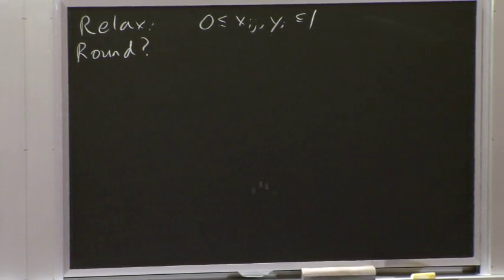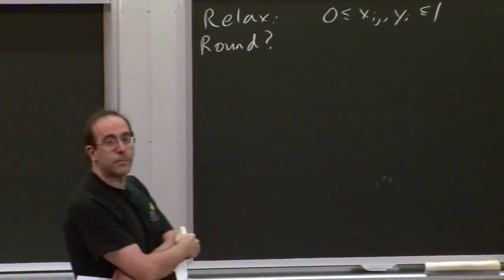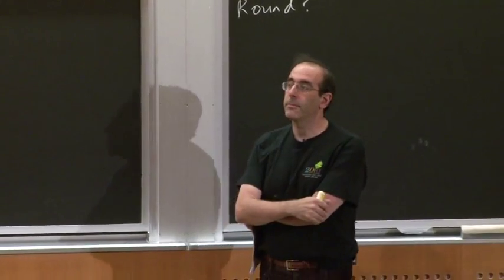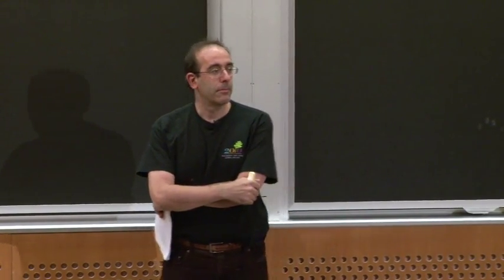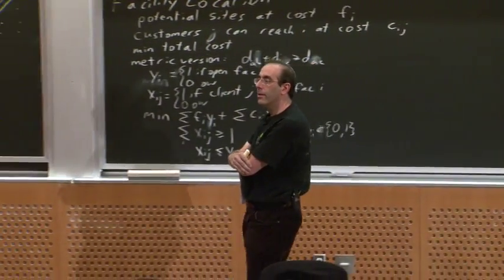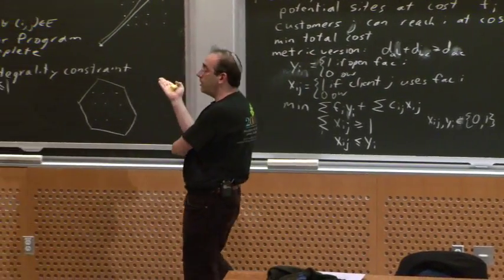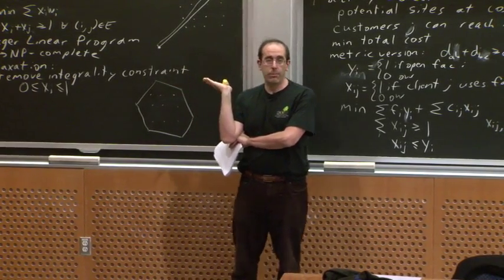So any thoughts on how we might round? Yes? Do we always take the ceiling for the yi variables? Okay, so we could use the ideas that we got from the vertex cover problem, that we should round up.